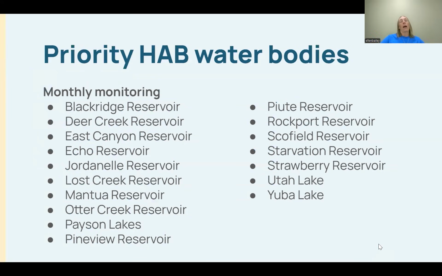We generally have 20 sites that we routinely visit monthly, that we know have had issues or routinely have issues. Monitoring some of these can help us prioritize where we're able to visit. But really any water body in Utah, if recreation is occurring, we definitely want to know what's happening out there. So it's all really helpful information.